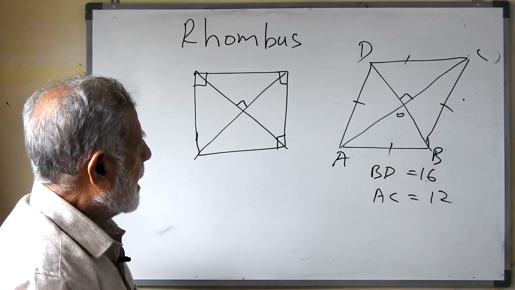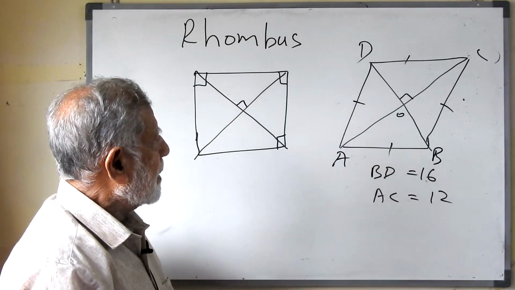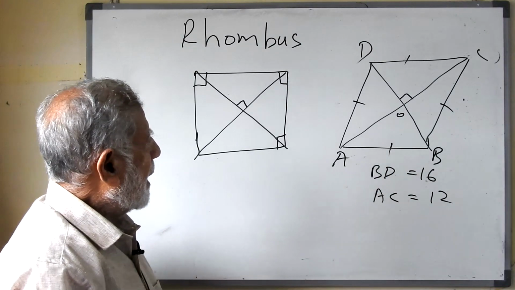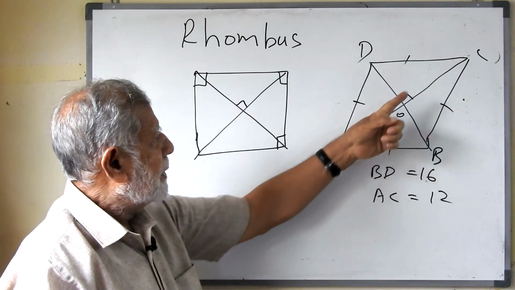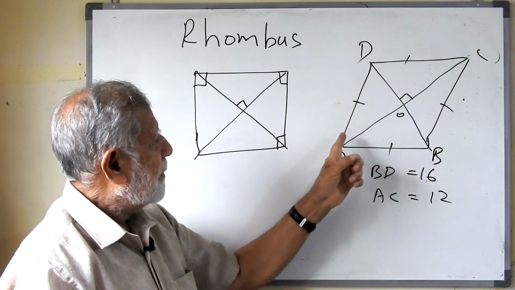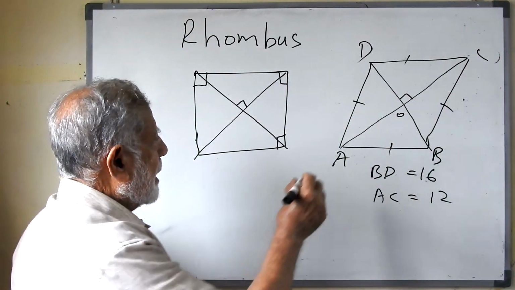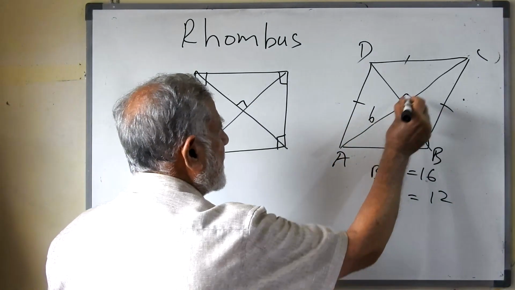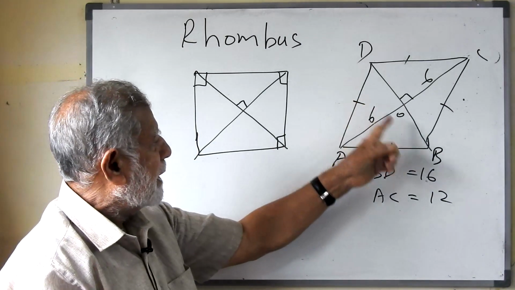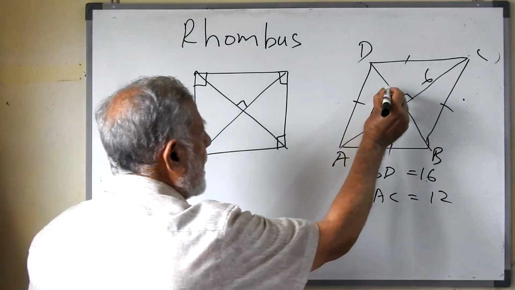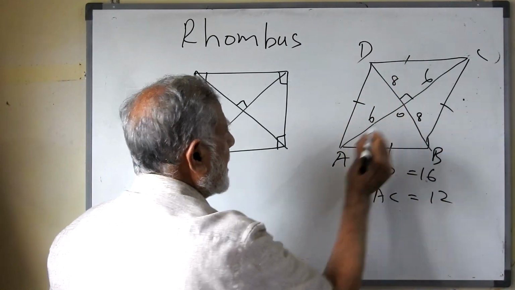BD equals 16, AC equals 12. So if the diagonals are bisecting each other, then these two parts should be equal. That if AC is 12, this part should be 6 and 6. Same way, if BD is 16, this part should be 8 and 8.